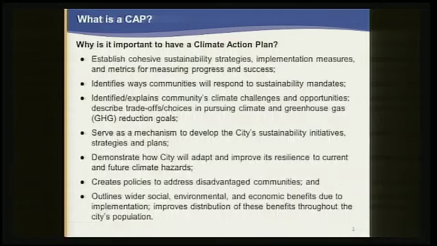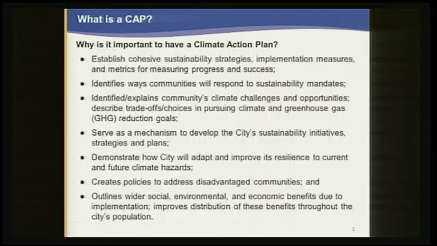And it'll create policies to address disadvantaged communities, and that would be how the city could respond to rising costs for energy, for example, or how you protect against greenhouse gas impacts that may negatively impact certain communities and segments of the city.